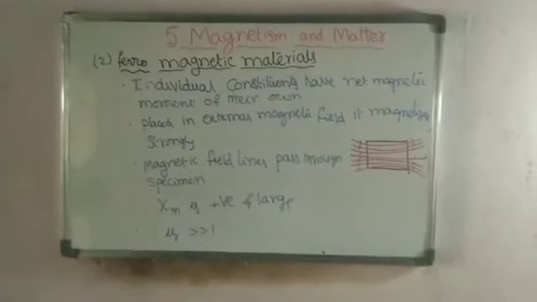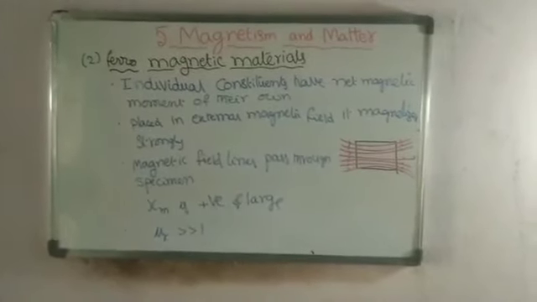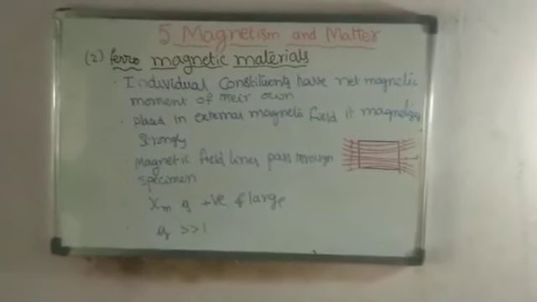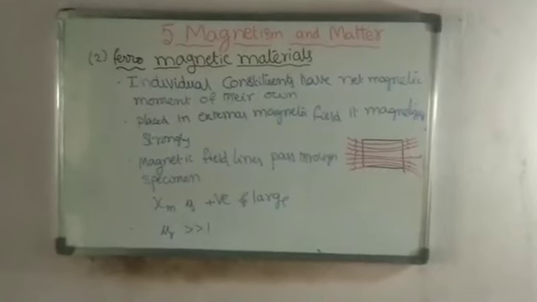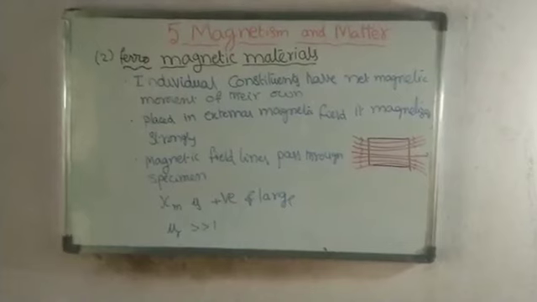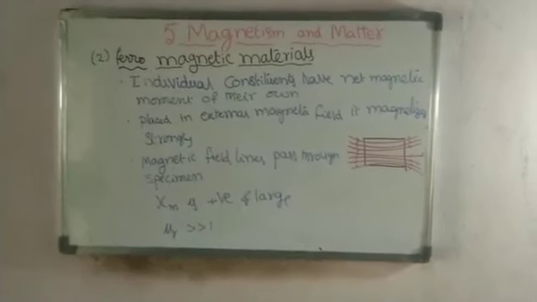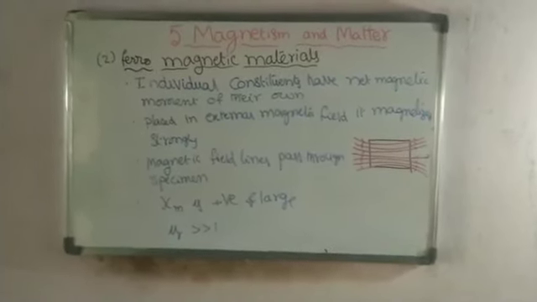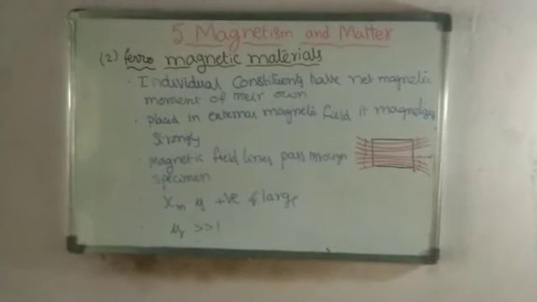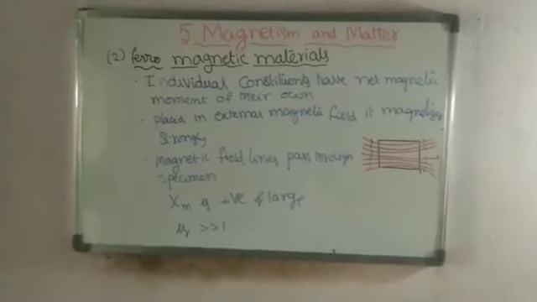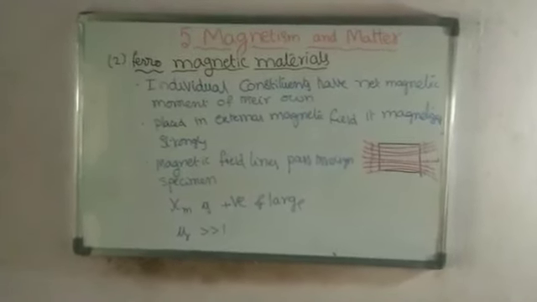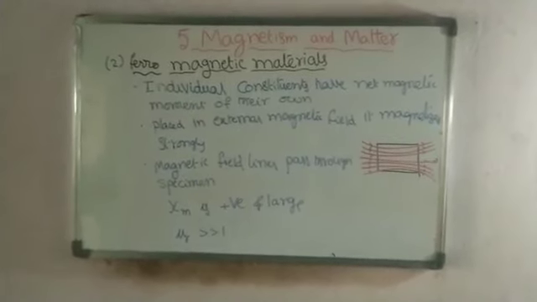Now see ferromagnetic materials. Here the first two properties are similar to paramagnetic materials. First, individual constituents have a net magnetic moment of their own, meaning the material has its own dipoles. Second, when this material is placed in an external magnetic field, it is magnetized very strongly, whereas a paramagnetic material is magnetized feebly.